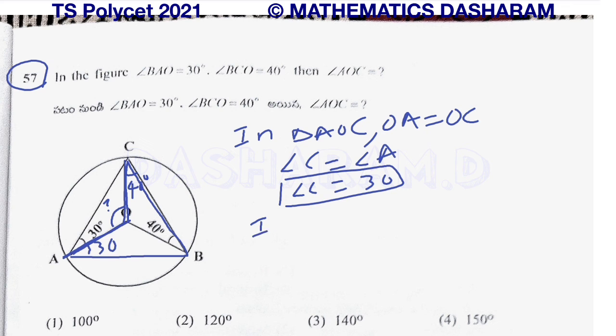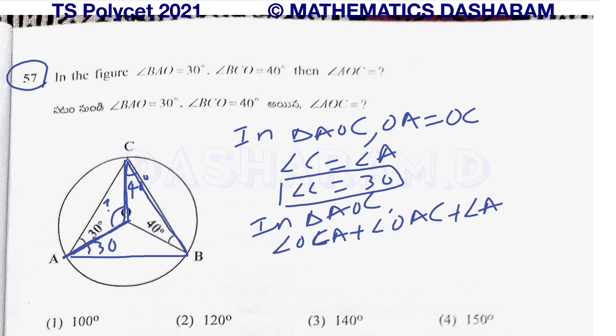So now in triangle AOC apply the angle sum property. So that is angle OCA plus angle OAC plus angle AOC equals 180 degrees.